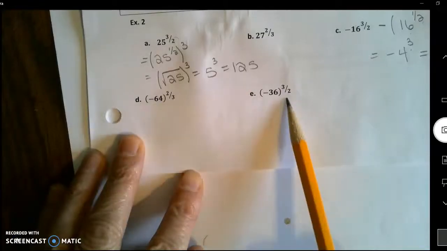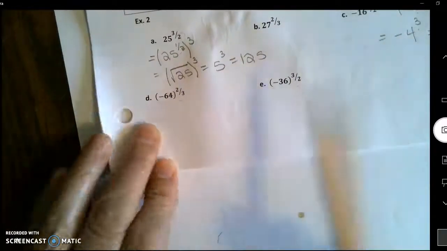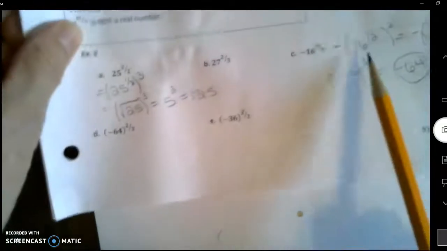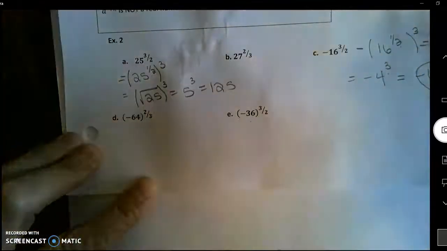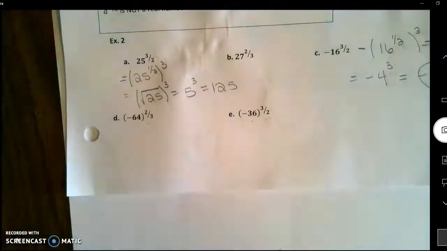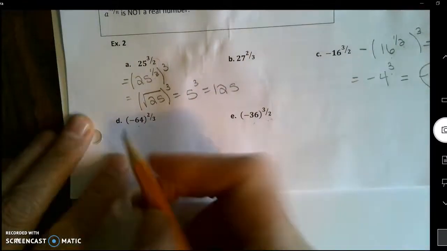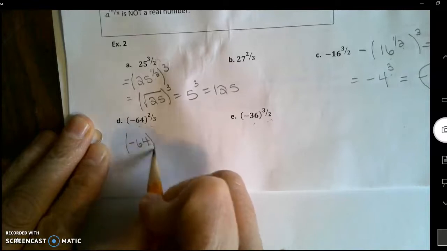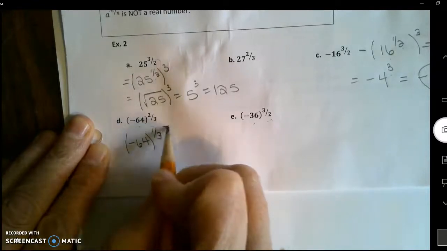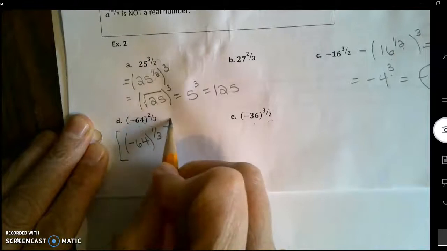Okay, let's take a look at these last two. This time the negative is inside the parentheses, so that's different than this one. For this one, I'm going to take the cube root of negative 64, and then I'm going to square that answer.